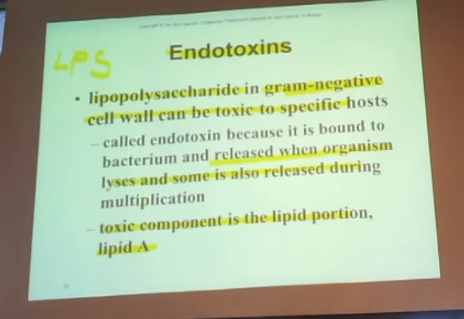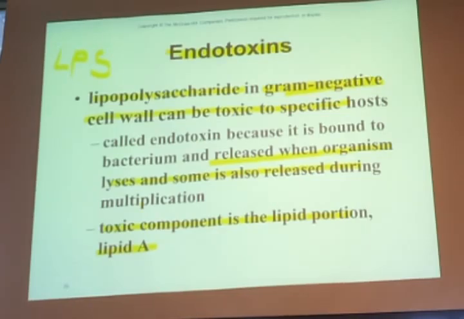That's something good to know, because if you have a massive infection with a gram-negative organism and are treated with a bactericidal antibiotic, it's going to kill off those organisms, and what could happen? All those toxins released into your circulatory system.